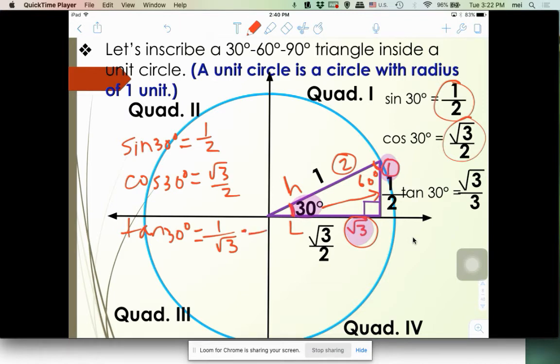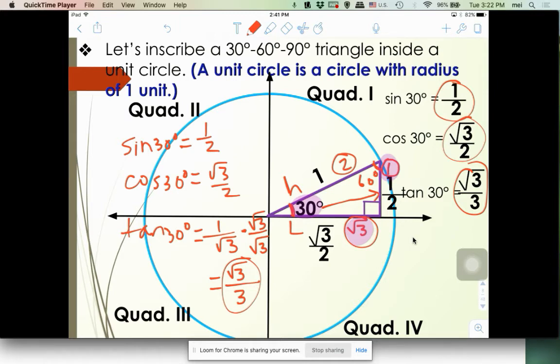So we're going to rationalize it by multiplying by radical 3 on top and bottom. On top, we have radical 3 times 1, which is radical 3. On the bottom, we have radical 3 times radical 3, which is 3. So the answer is radical 3 over 3 for tangent of 30 degrees. And those are the sine, cosine, and tangent for 30 degrees, which is in the first quadrant.